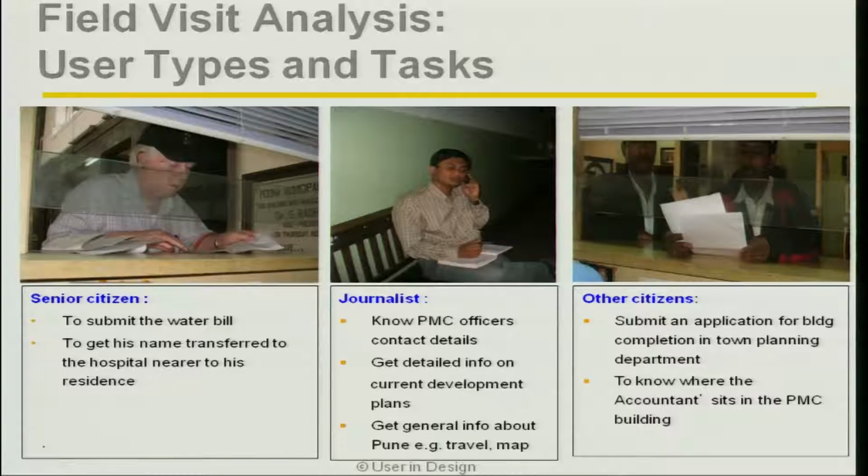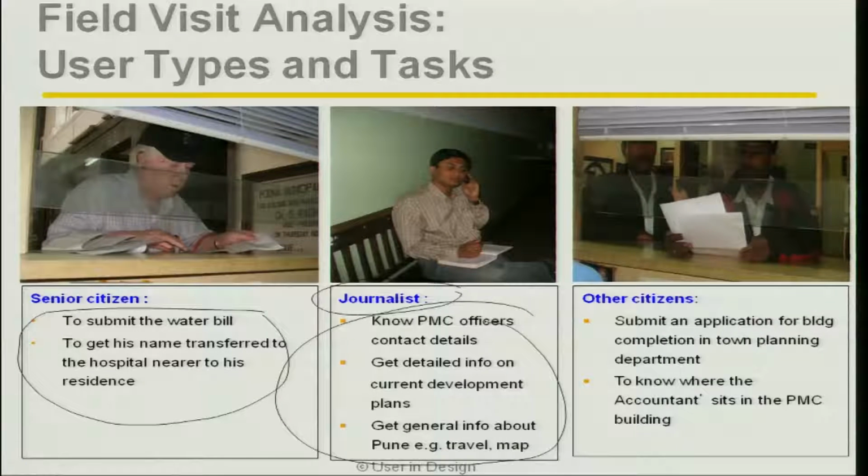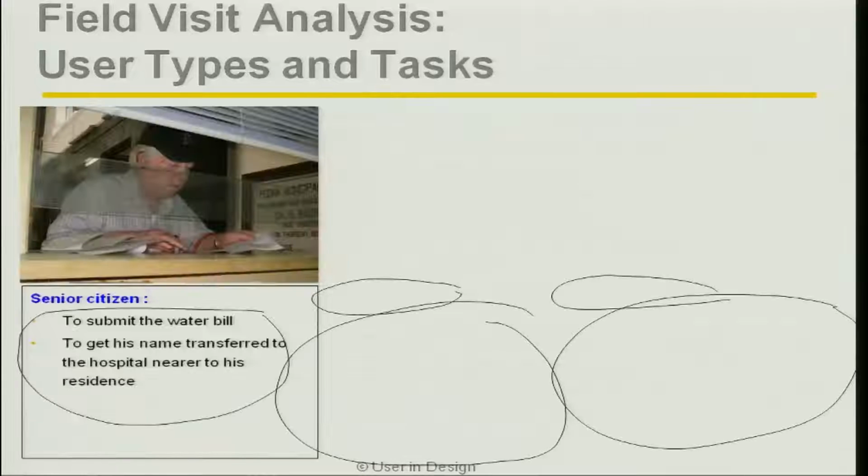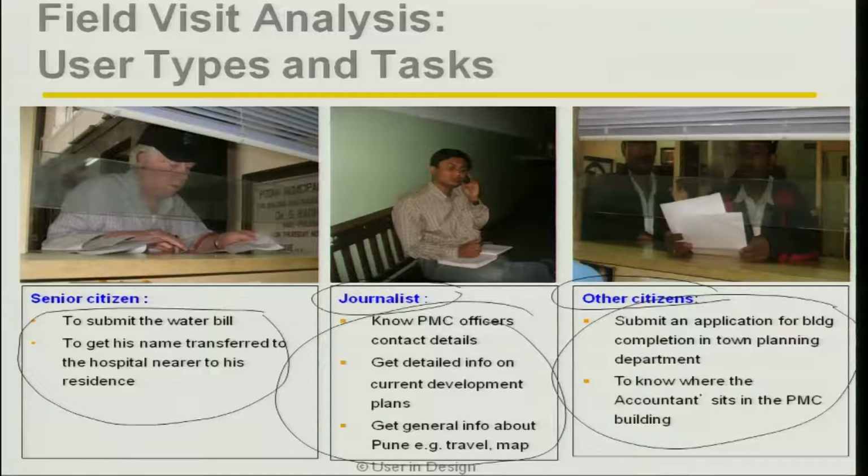There's a group of senior citizens that comes there, and what are the kind of things they're interested in. There are journalists who come there. What are the kind of information that they are interested in? And then other citizens that come, what are the kind of information that they are interested in? You can see how this has moved from this long random list to something that is more sense making, more categorized and classified information, okay?